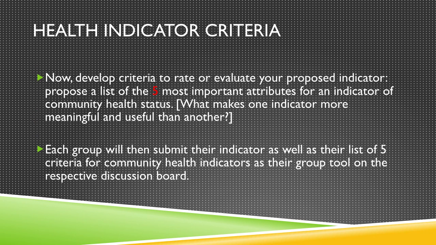Once your group has agreed on a community health issue specific indicator, next, develop criteria to rate or evaluate the proposed indicator. Propose a list of the 5 most important attributes for an indicator of community health status. What makes one indicator more meaningful and useful than another?